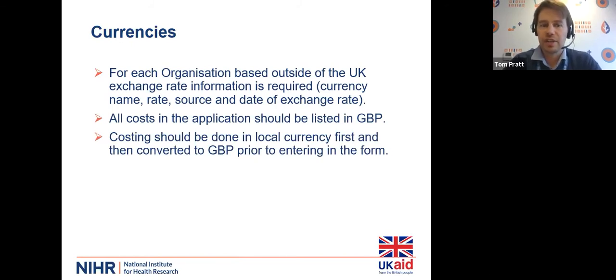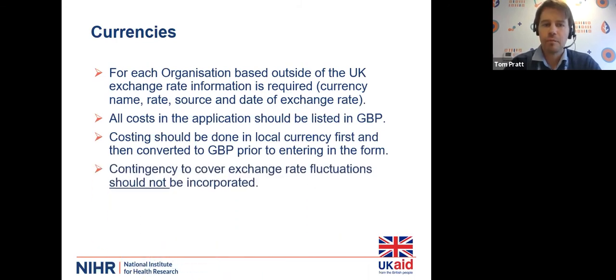We just ask that you do the costing in the local currency first, then convert it to pound sterling, and then enter it into the form. We would not cover any contingency for exchange rate fluctuations, so that shouldn't be included in the application.